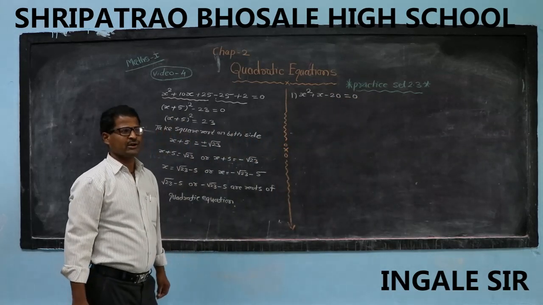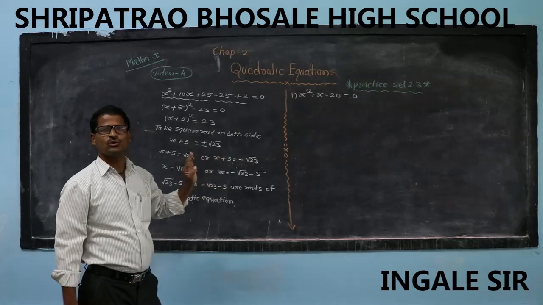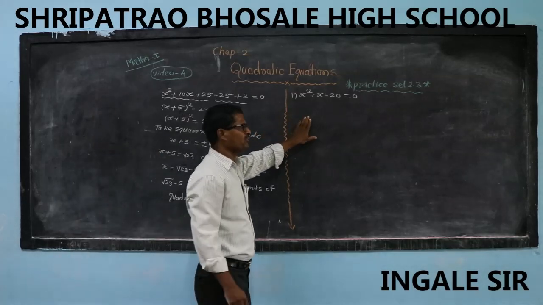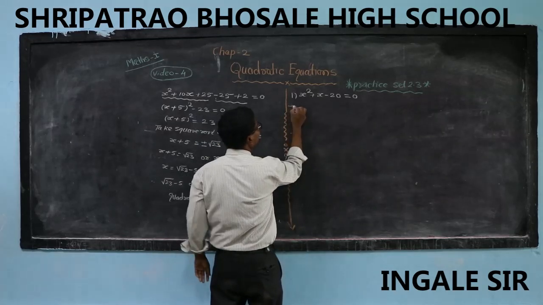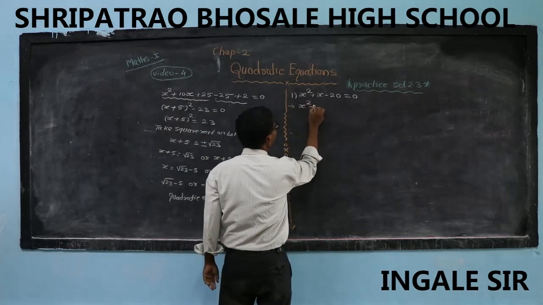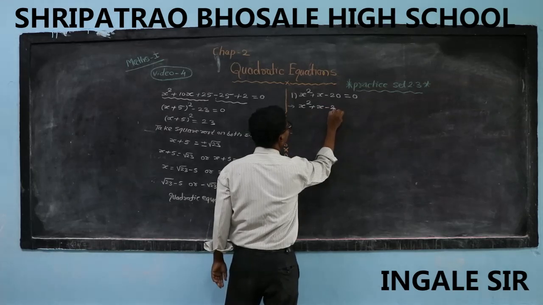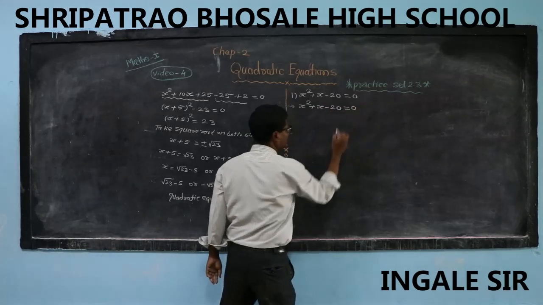Now we have to find the roots of the given quadratic equation by the completing square method. So first write the given equation, x square plus x minus 20 is equal to 0.